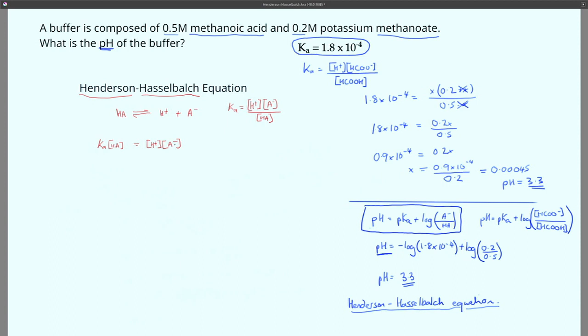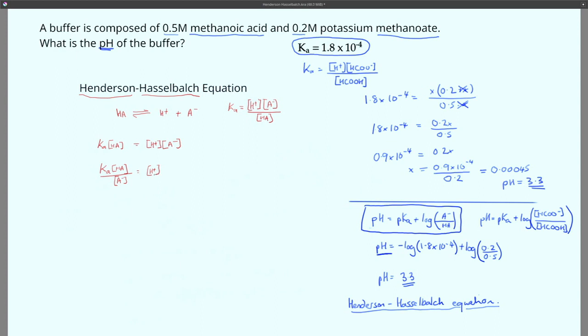Next, remember, we want to find the pH, so we want the H plus on its own. So the next step is we divide by A minus, so we get Ka times HA divided by A minus equals H plus.